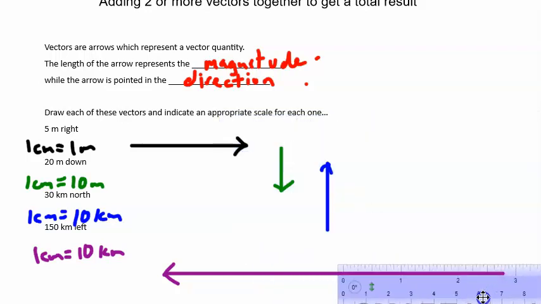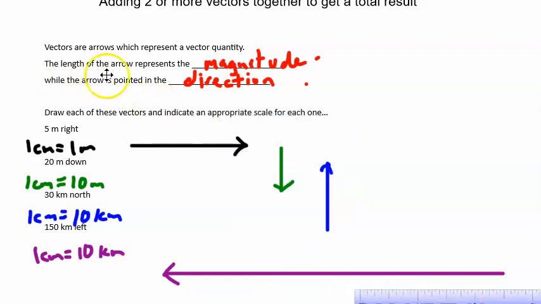So each one of these, the length is representing the magnitude, how strong it is, and the direction. Each one of these vectors has its own scale because we're drawing 4 individual vectors, but when we draw them in the same diagram, they should have, in fact, the same scale.